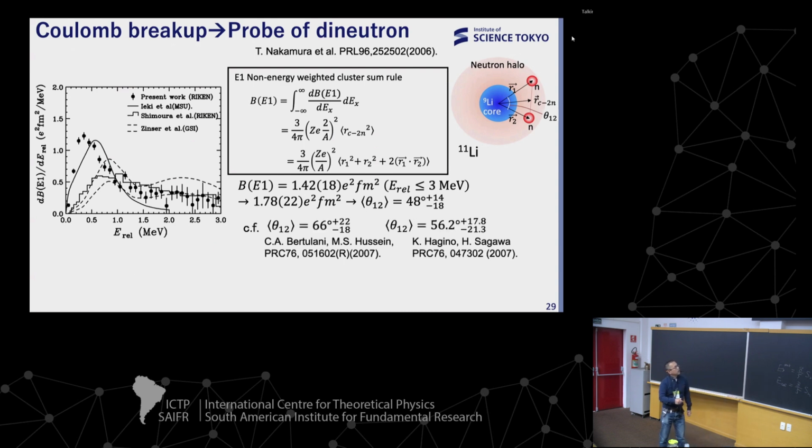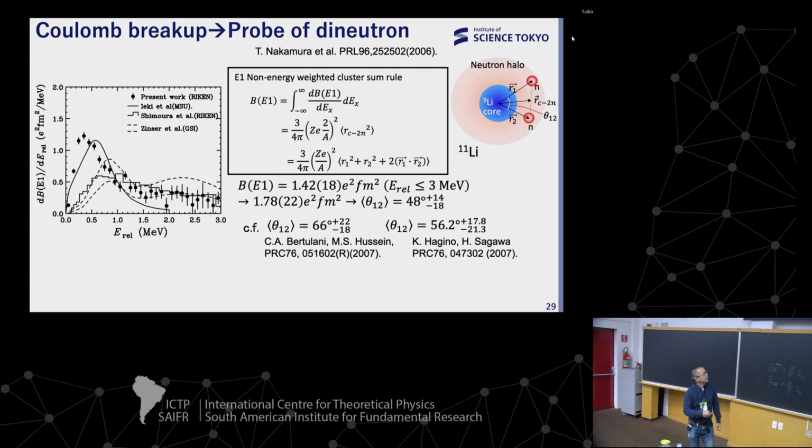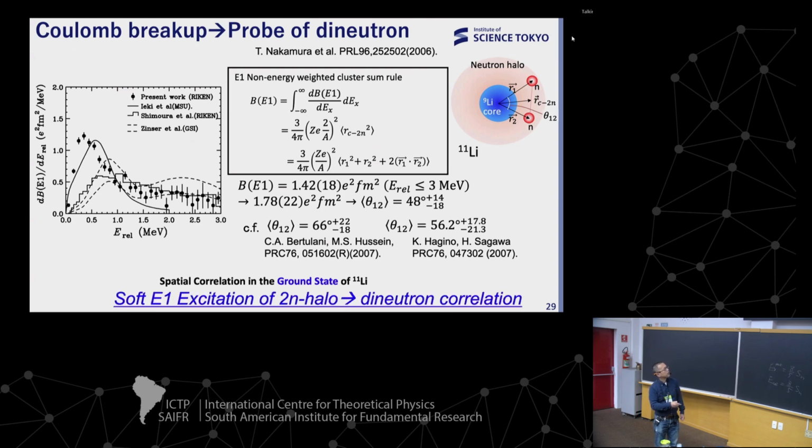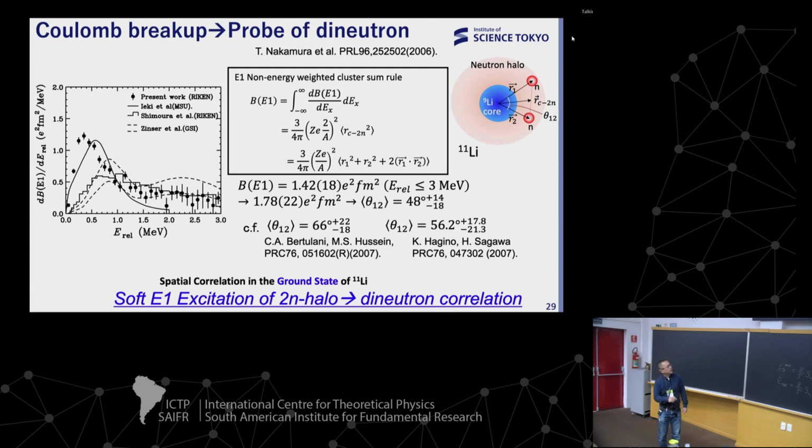Later, Carlos and Mahir from Brazil estimated 66 degrees, and Hagino-san and Sagawa-san extracted 56 degrees. So now we know that there is some neutron-neutron correlation. This is one of the first evidences for the dineutron correlation of lithium-11. So we can say that soft dipole excitation of two-neutron halo nuclei can be used to extract the dineutron correlation.